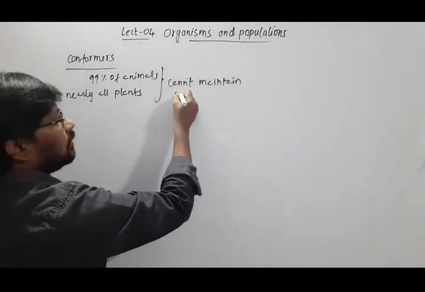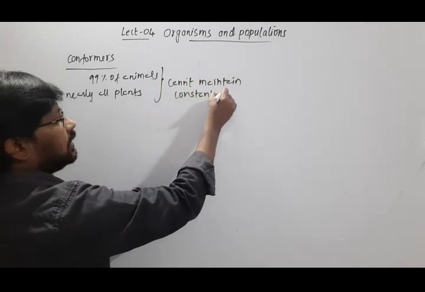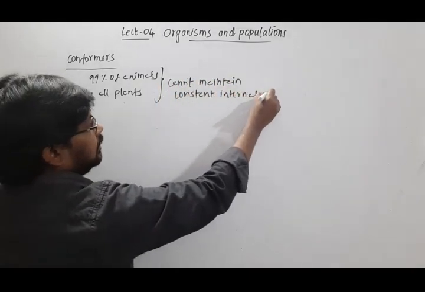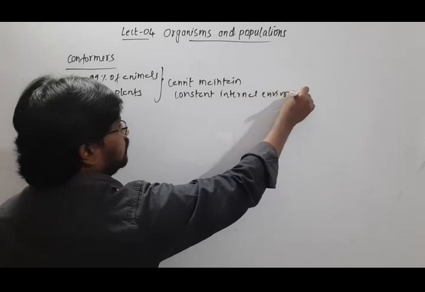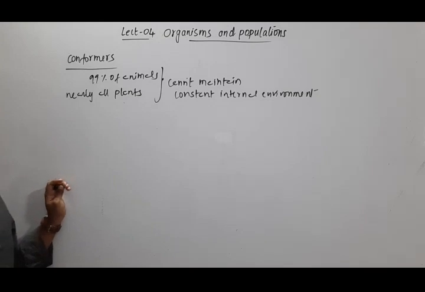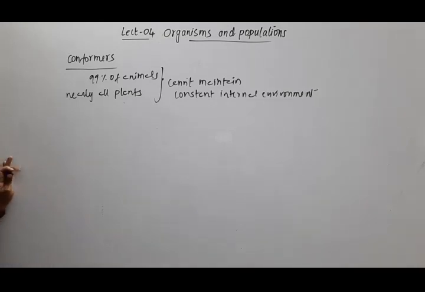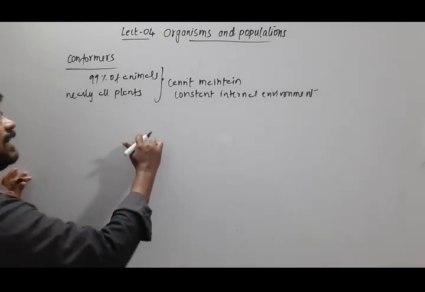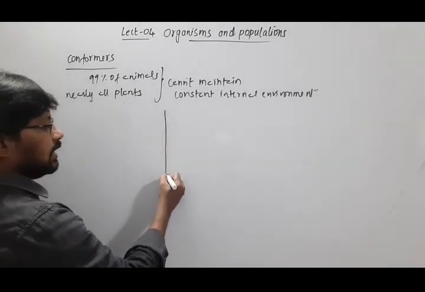Hence they are called the conformers. That is the reason when the ambient temperature increases, their internal temperature also increases. That's what we have seen in the graph.